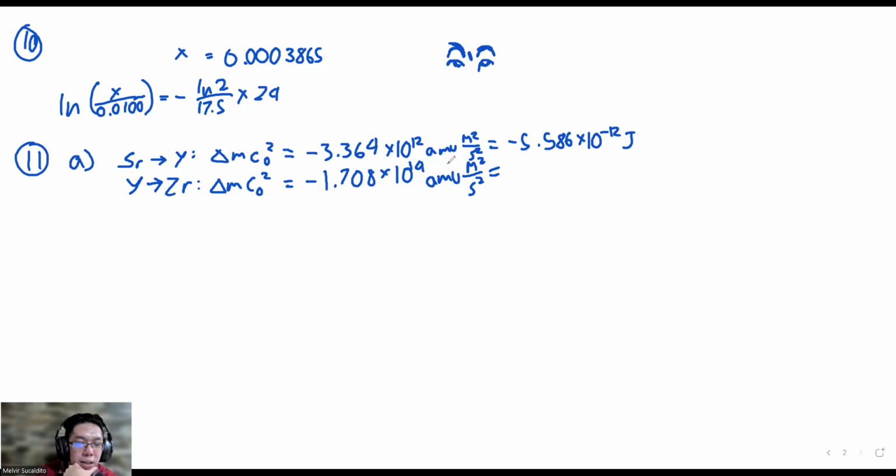Okay, gets. Josh, check your conversion factor. 1 amu is what? 1 over Avogadro's number, which is in grams, right? The joule is kilogram meter squared per second squared.